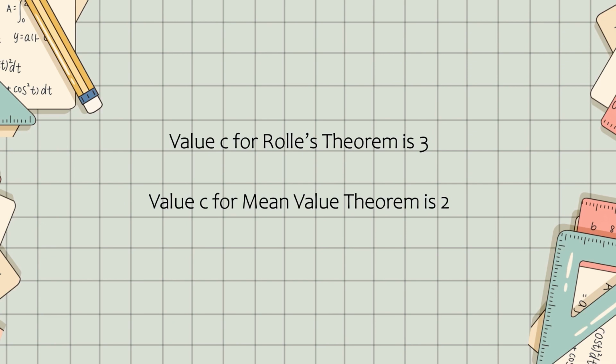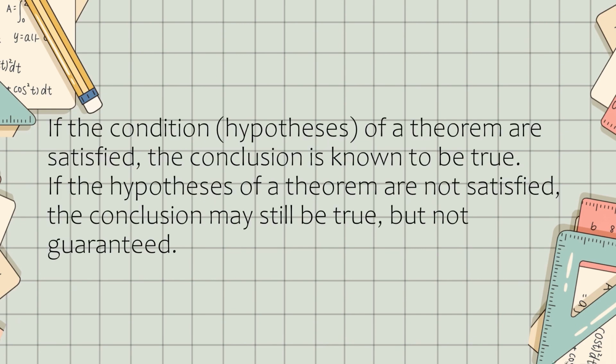So the value of c is a number that satisfies the mean value theorem for the function on the interval [1, 3]. If the conditions of a theorem are satisfied, the conclusion is known to be true. If the hypotheses of a theorem are not satisfied, the conclusion may still be true but is not guaranteed.